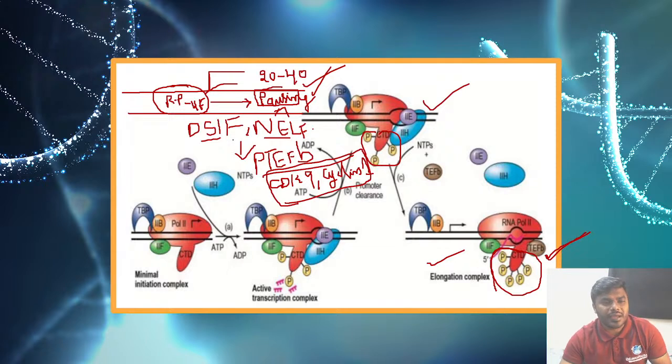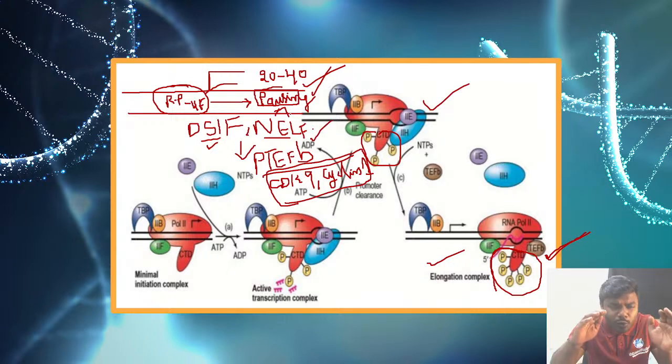Then what happens? There are two elongation factors named DSIF and NELF. These two help the RNA polymerase enzyme to become stable. At the same time, DSIF and NELF recruit the positive transcription elongation factor B, which we call P-TEFb. What is it composed of?